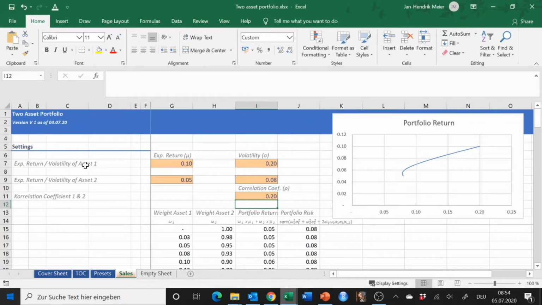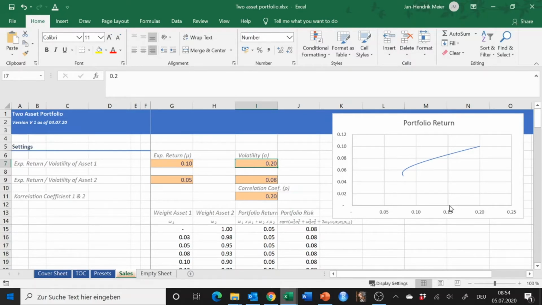And here we see some settings, and we can set the expected return of asset 1. So this asset number 1 has an expected return of, what is it here? 10%. 10%, of course. And we have a volatility of 0.2, so 20%.